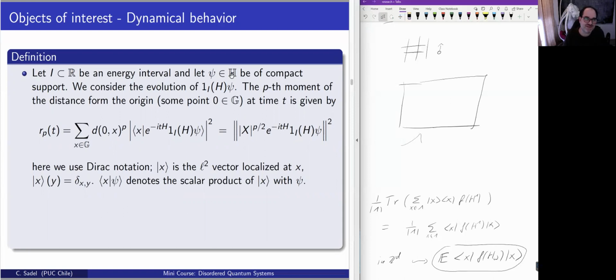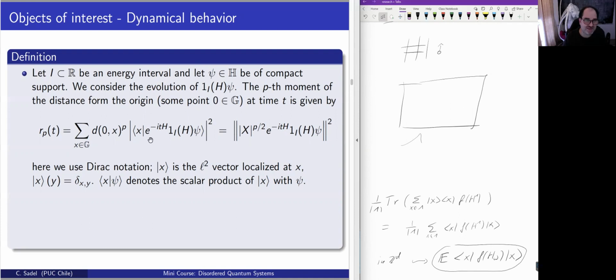Then we look at the projection onto energies in some interval I, so this is the indicator function of the operator H applied to psi. And then we look at the evolution of this one and the p-th moment of its distance from some origin. In a graph, if it's not R^d, we just assign some origin, some random lattice point 0.